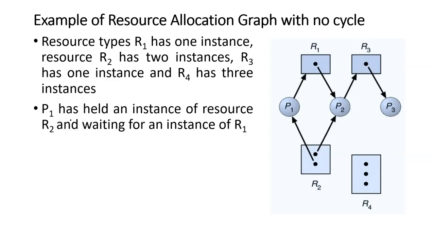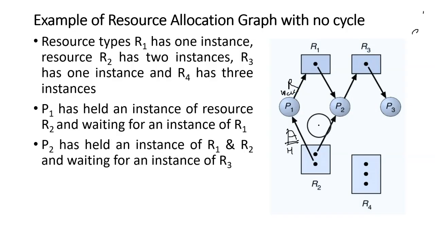This graph describes that P1 is holding an instance of resource type R2 and waiting for an instance of R1. In this case, one edge is known as the assignment edge and the other as the request edge. Or we can say this condition is a hold and wait type of condition.